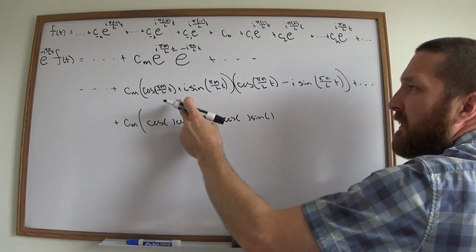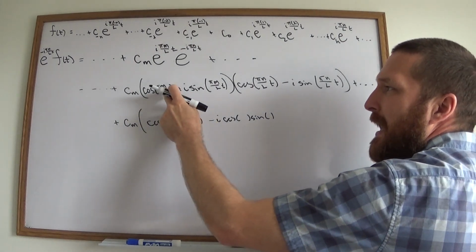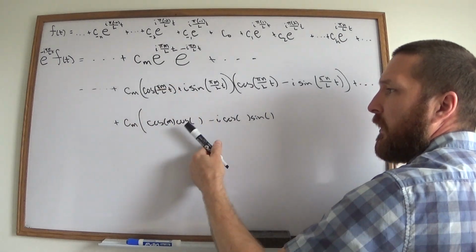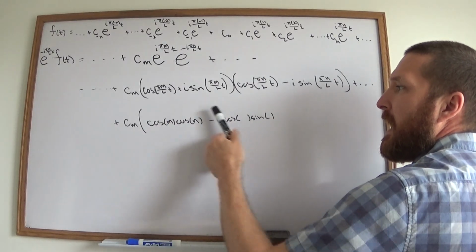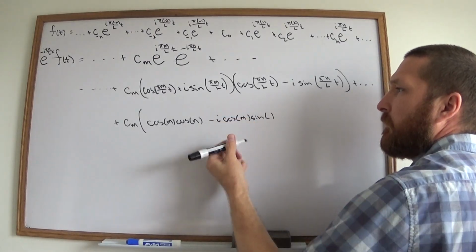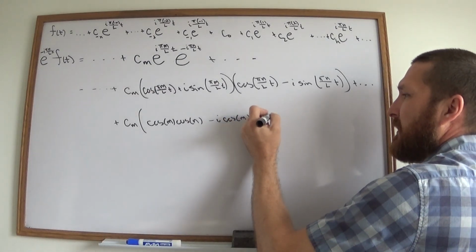I'm going to be lazy, but I'm going to keep track of what this came from. There was an m in this one, and there was an n in this one. There was an m in this one, and there was an n in this one.